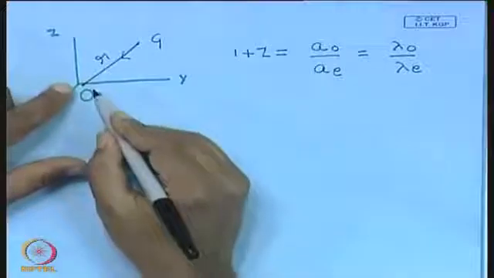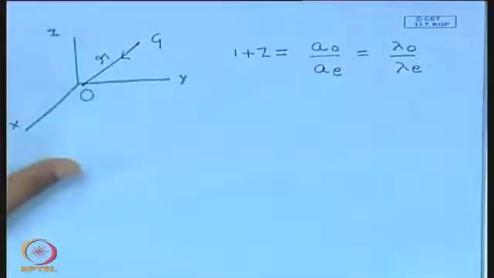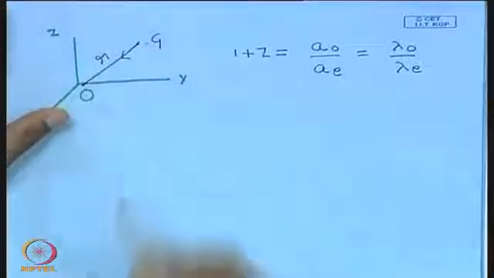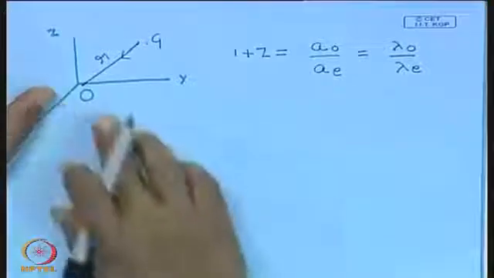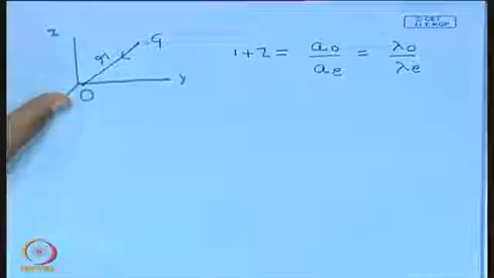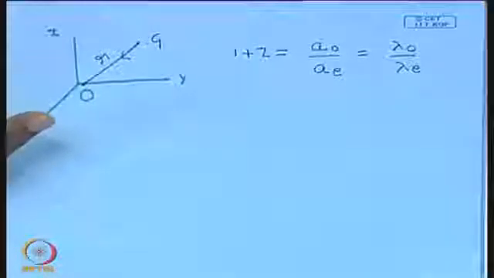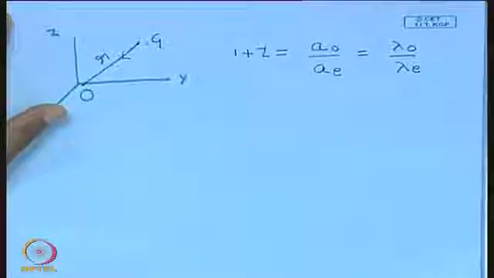This is something that we have already calculated. Now an observer sitting here will not be able to measure the distance to the galaxy. The quantity that he will measure is the redshift. This is something I have already told you, that the redshift is the quantity that one can directly measure easily sitting on Earth.